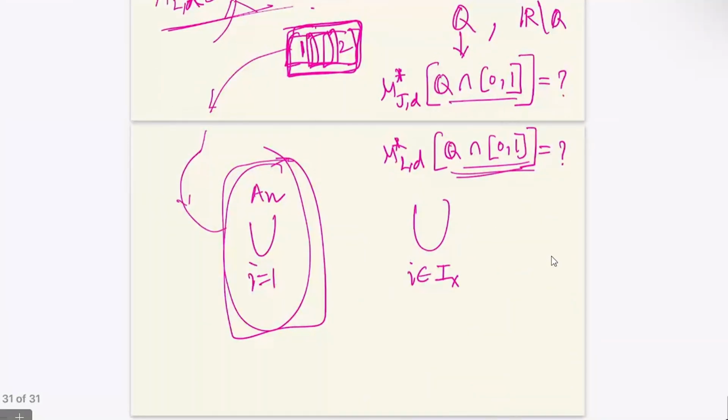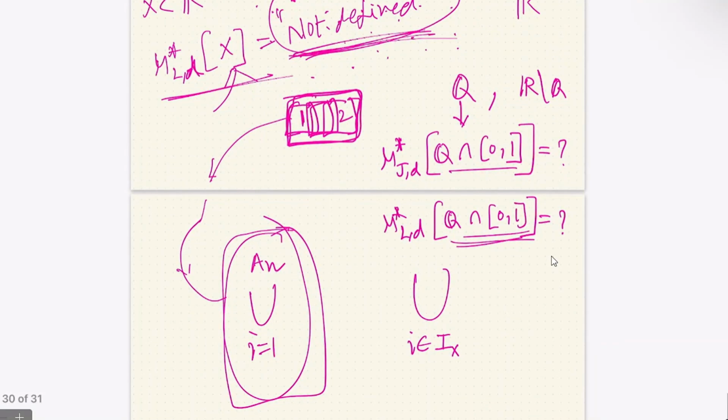So for that you need to think a lot on various collections of sets. Okay, let's stop here. Sir, is it one for Jordan, Q intersection 0 comma 1, this one? Yes, sir. Okay, can you say the reason why it is one?